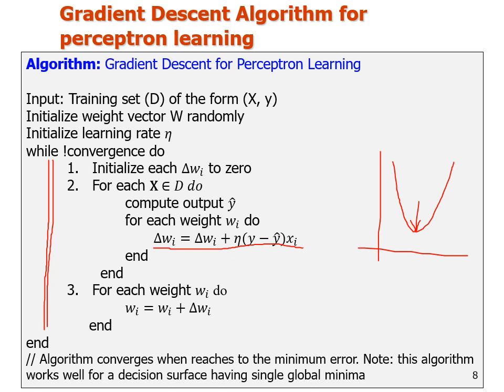If eta is too large, gradient descent runs the risk of overstepping the minimum in the error surface rather than settling into it, and hence the algorithm may diverge if eta is too large.